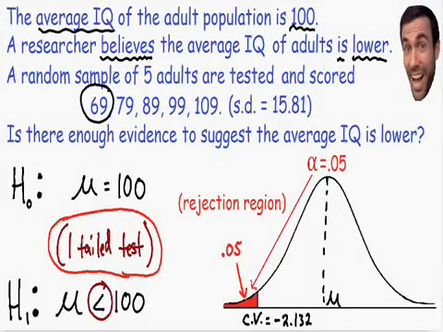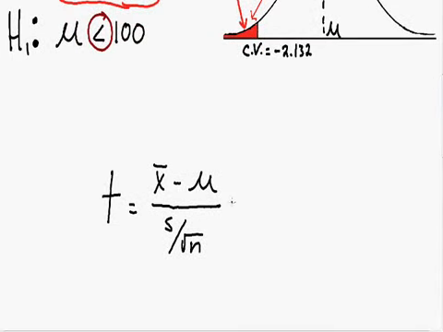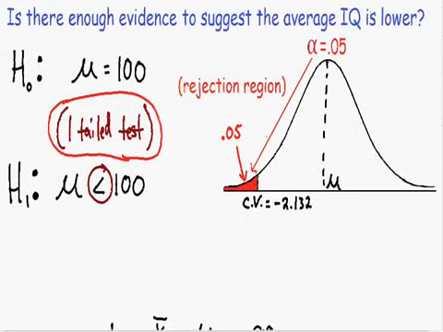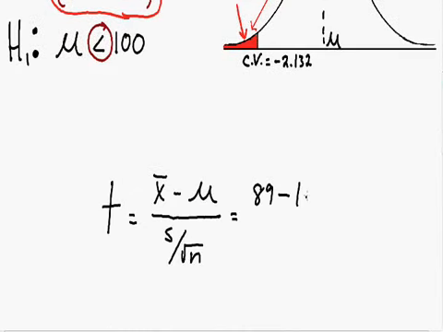If we do that, we get an average of 89. So our sample average x bar is equal to 89, and this is being subtracted by the average of the population, the Greek letter mu, which is equal to 100, so we plug in 100 for our population average.